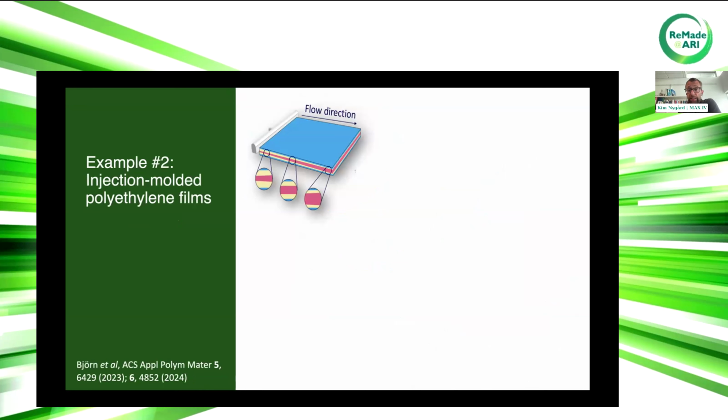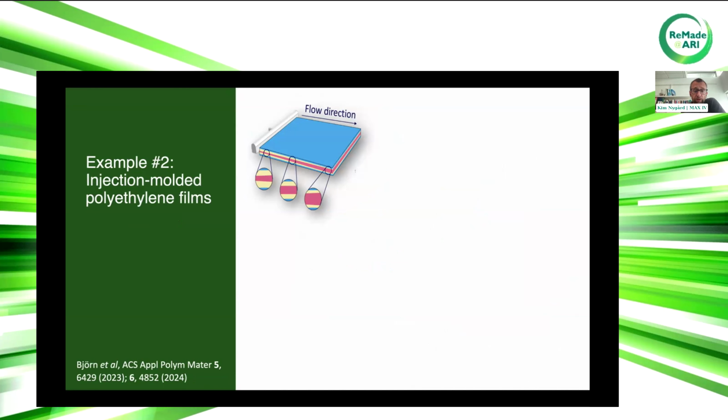Another example is looking at processing of materials, and this is a very applied example. This is done in industry all the time, but the processing does induce heterogeneity of the samples.